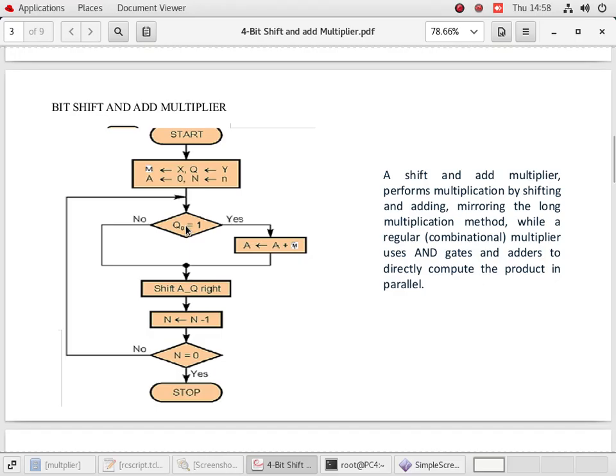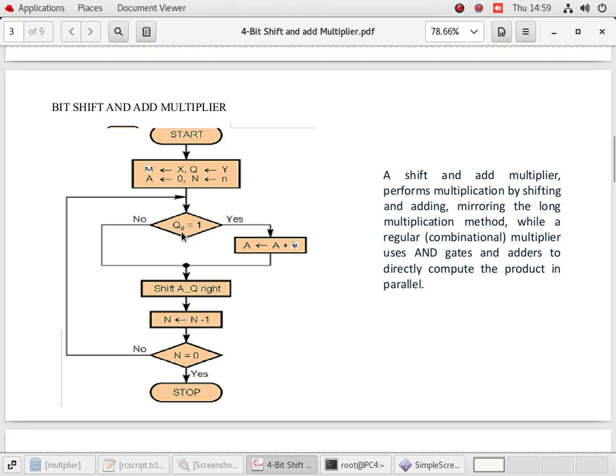To start, initially we have to check the q0 value. It is 4-bit, so the least significant bit has to be checked, and if it is 1, then the accumulator is added with the m value and stored in the accumulator again. After that, the new value of the accumulator and the q value are concatenated and right shifted, and after this step the n value is decremented by 1.